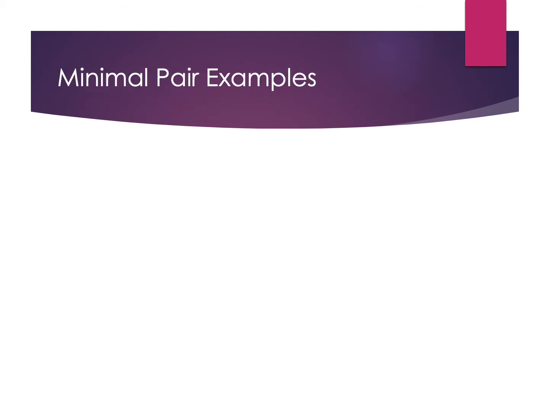So for instance, if we look at some examples in English and we have the word lap and the word lip, the only difference between these two words is the "a" or the "i" sound. And yet it means something different. So this tells us that "a" and "i" are separate phonemes in English. It's the only difference between those words, so it has to be distinct in that language.